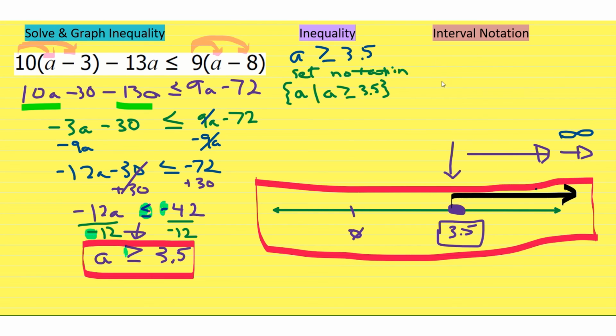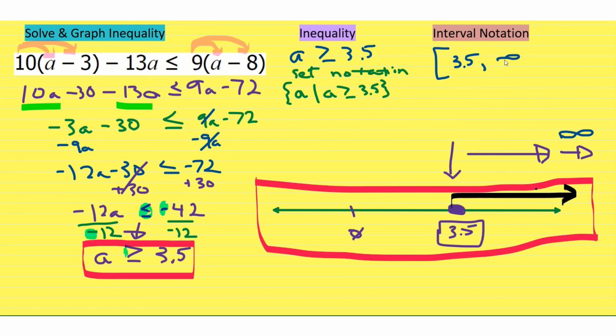So that gives us what we need for our interval notation. It's going to start at 3.5. The hard box, that's what I call this. Hard box means it can be equal to the 3.5, so it starts at 3.5, and we put a comma, and then we're going to put where it goes.